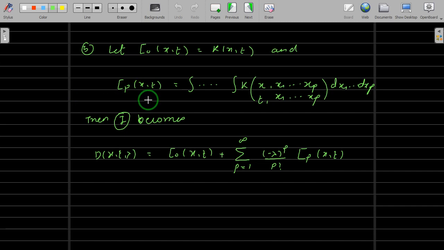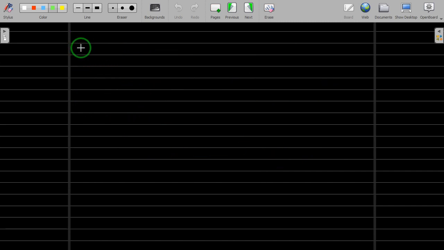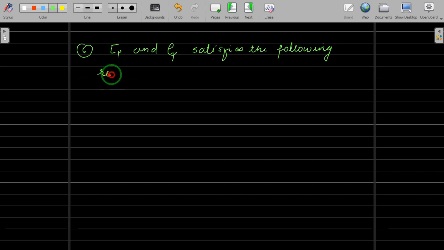So let me write that as 0.6. This capital Cp of x comma t, and the small cp, remember these are the constants now, satisfy the following recurrence relation.